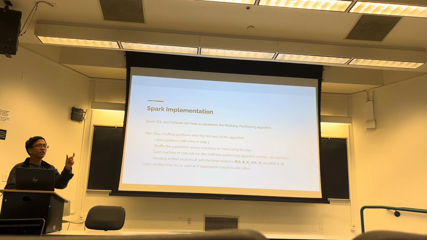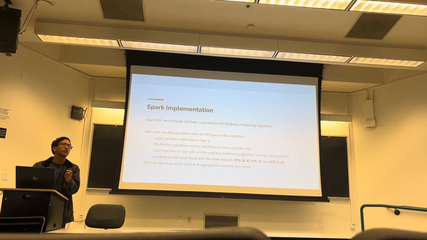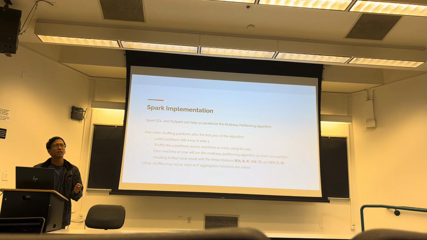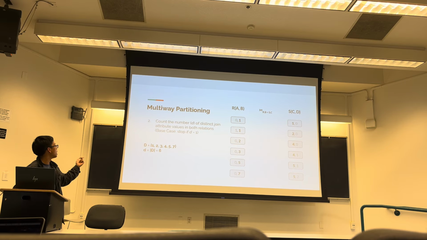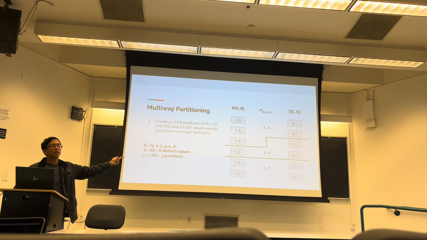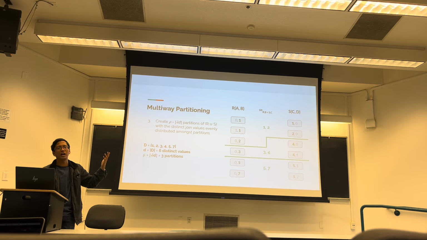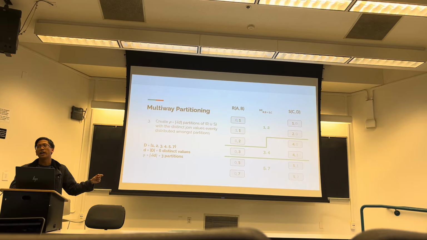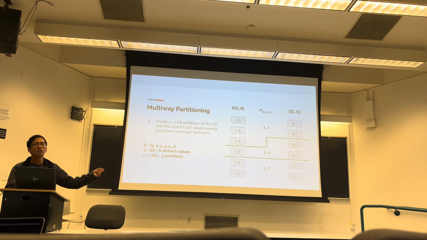The key part is that in this partitioning step at the very start, we can assign a key to each partition. There are 3 partitions here, so we can give them 1, 2, 3, right? Then you can delegate those partitions to different machines or different cores, and they can recursively run multi-weight partitioning on their own.